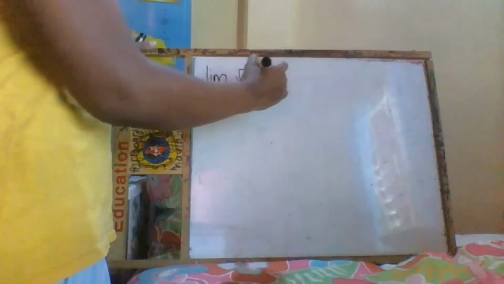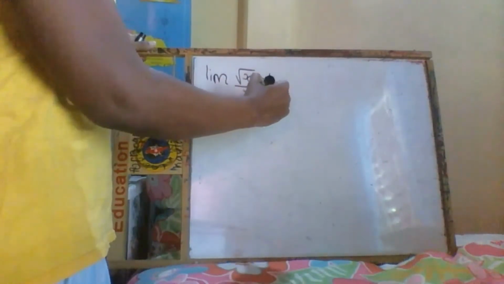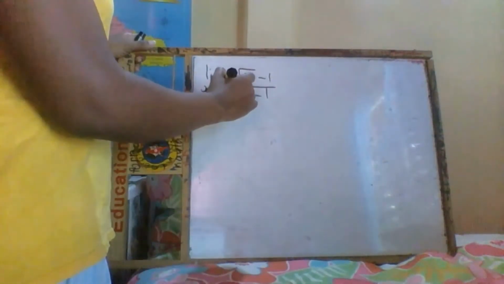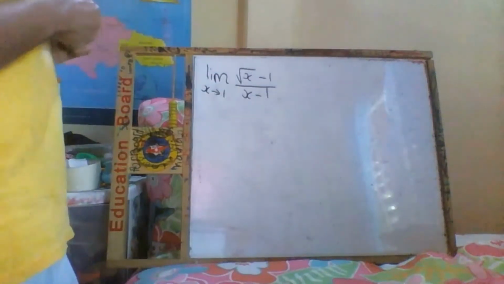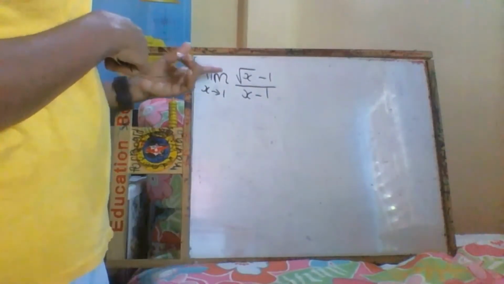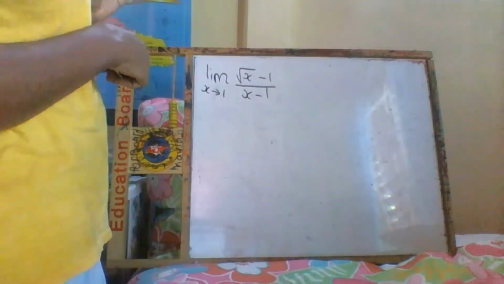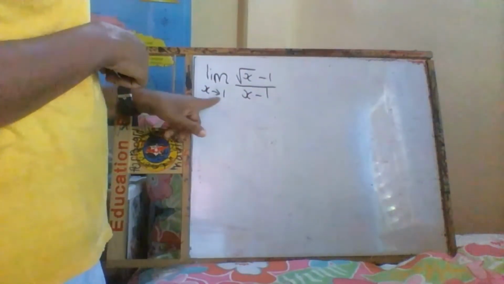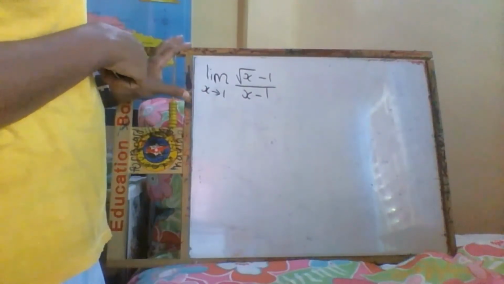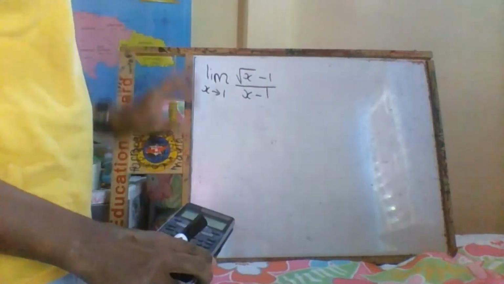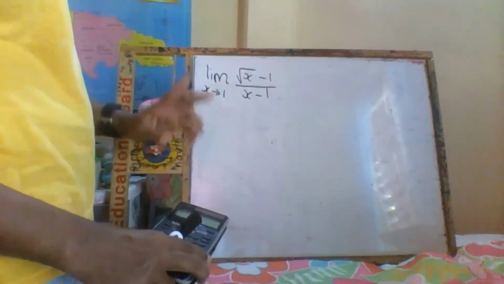The function we're going to find the limit of is root x minus 1 over x minus 1 as x goes to 1. Right, so this is saying find the limit of this function, which is root x minus 1 all over x minus 1, as x approaches 1. That's the notation. And I'm going to use my calculator and a table to keep the values as I work them out.